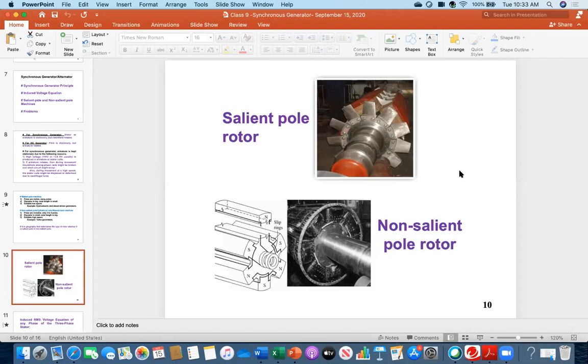Now the question is, what is the motivation to use this one or this one? Why are those poles placed on the outer surface using a larger diameter or circumference, versus why in this case the poles are invisible and only a smaller number of poles are used? That is an important question. What is the reason?